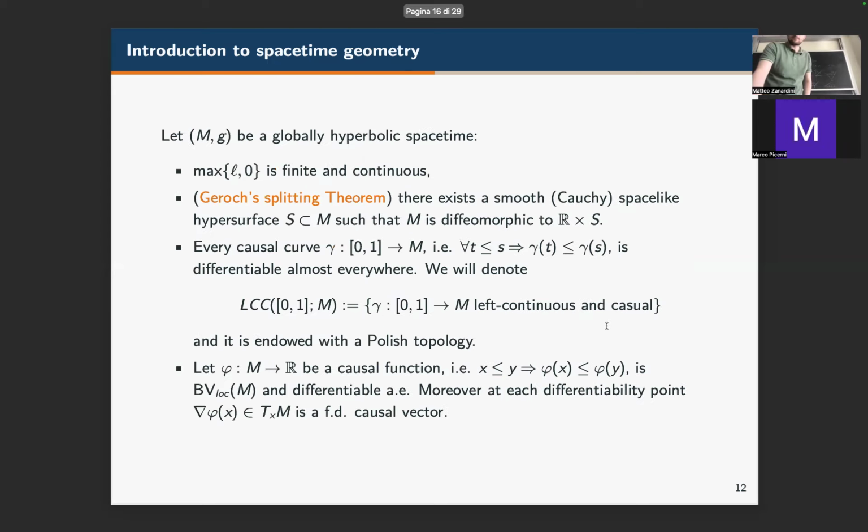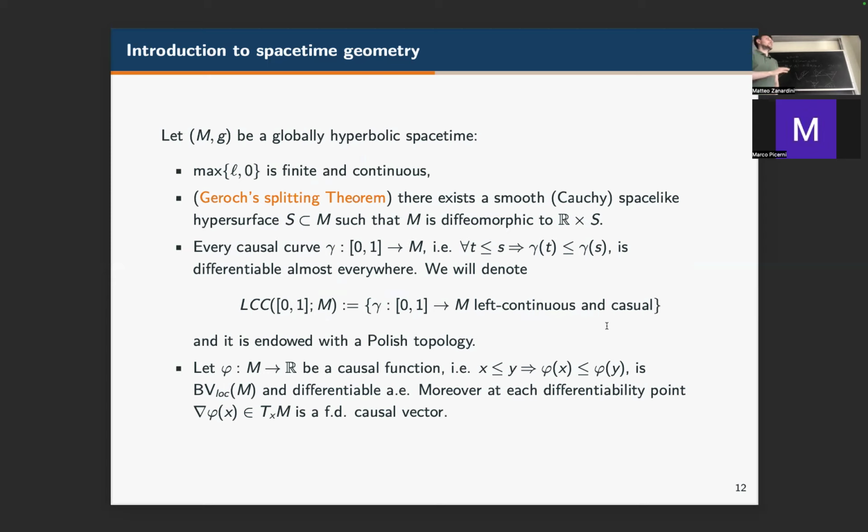Okay, let's move on. Now I want to give you some good news about these globally hyperbolic spacetimes. The first one is that if you consider L, as the professor was saying, it is first of all finite, so it does not attain plus infinity as a value. Second of all, it is a continuous function with respect to the manifold topology.